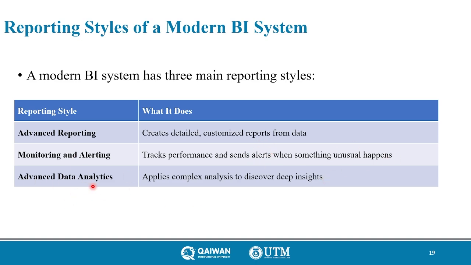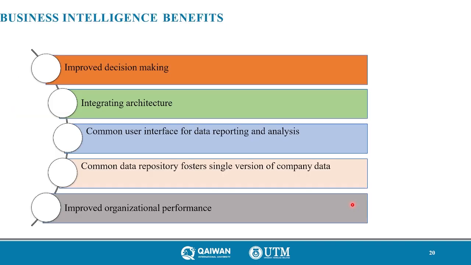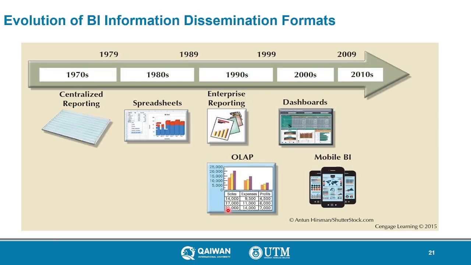Now, advanced data analytics applies complex analysis to discover deep insight. Now, business intelligence benefits would be improved decision making, integrating architecture, a common user interface for data reporting and analysis, a common data repository for a faster single version of company data, and improved organizational performance.